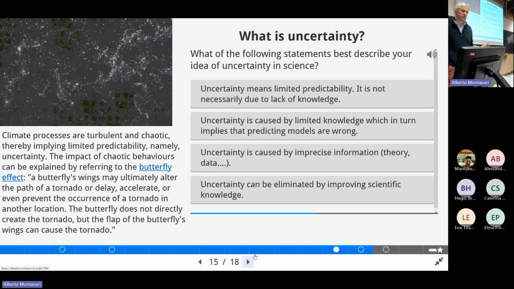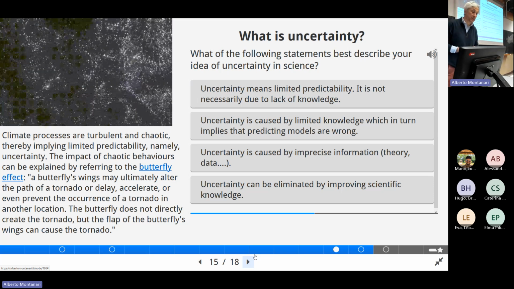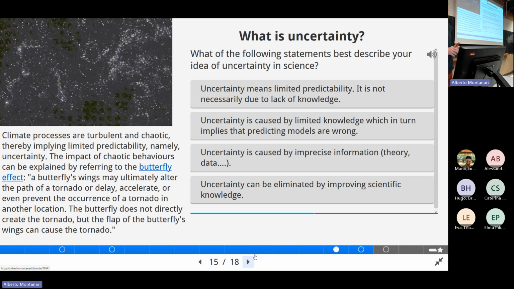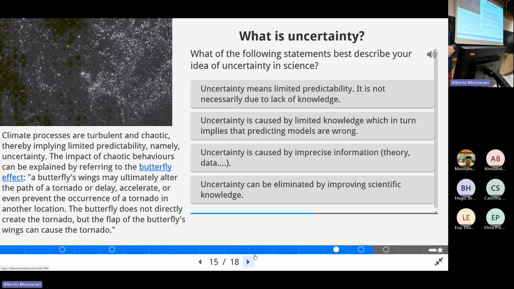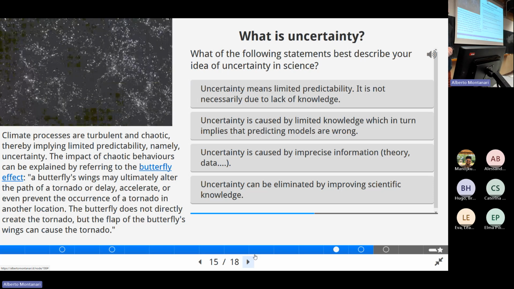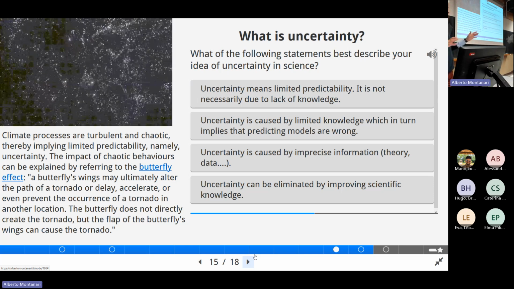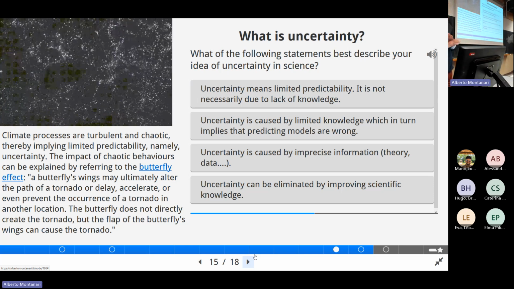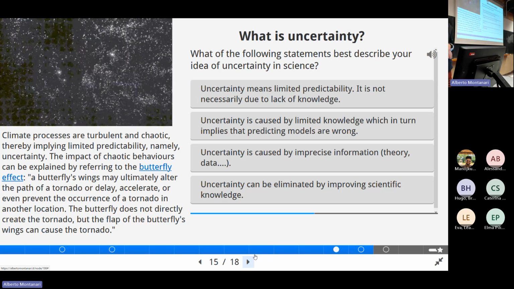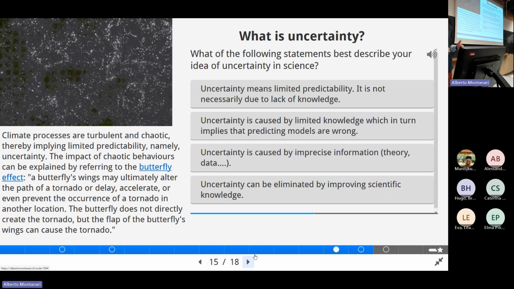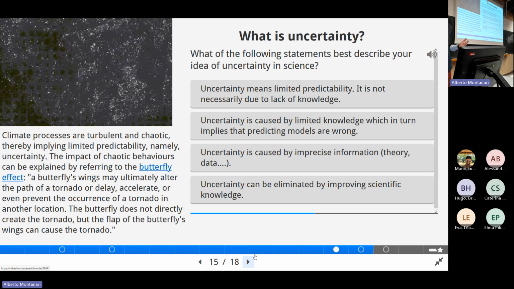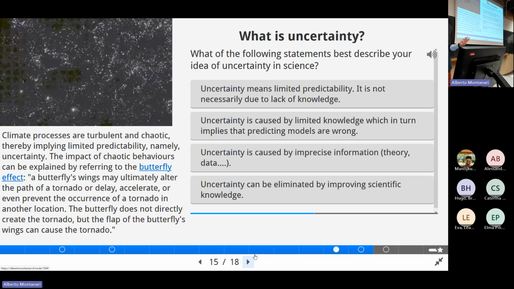Okay, so uncertainty, I would say, means limited predictability, lack of predictability. It is not necessarily due to lack of knowledge. Tossing a coin, we know everything, but it is completely unpredictable. Uncertainty may be also caused by imprecise information.